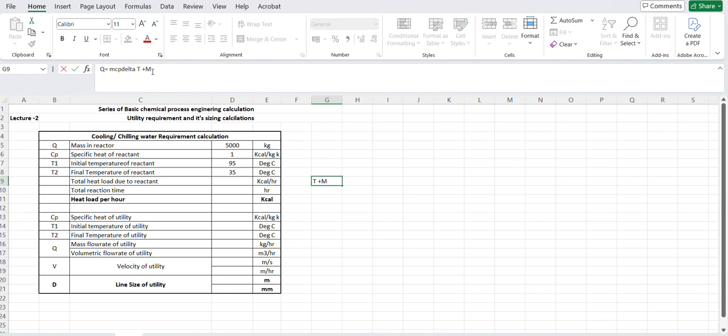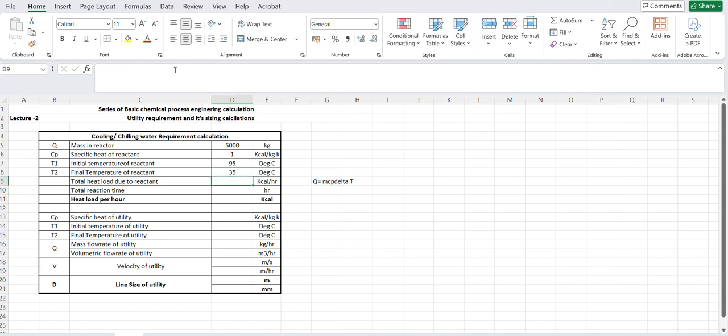plus m lambda for the calculation. For this case we just need to consider sensible heat.